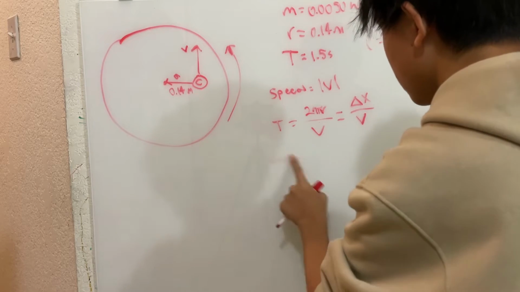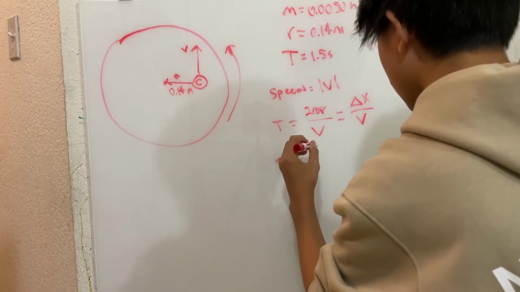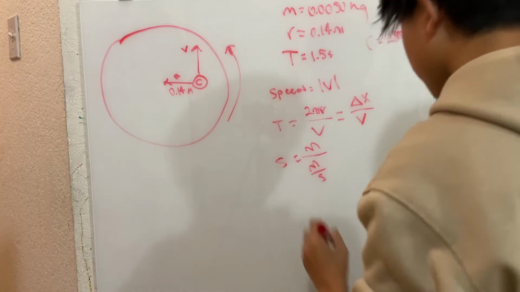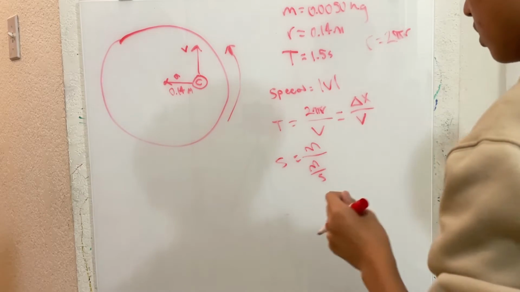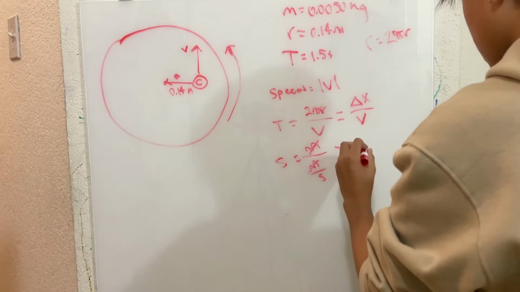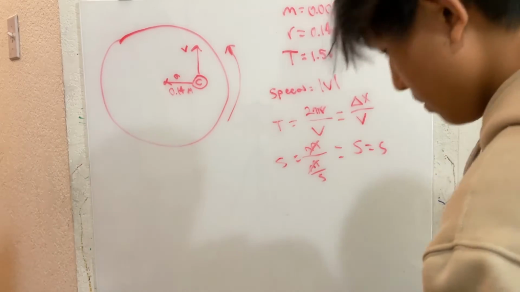If we think about this unit-wise, this would be seconds equals meters divided by meters per second. So these would cancel out, and we'd be left with seconds equals seconds. So we know the units work.